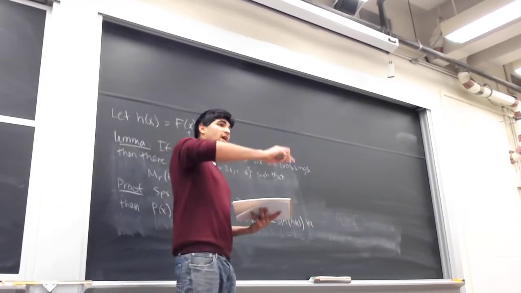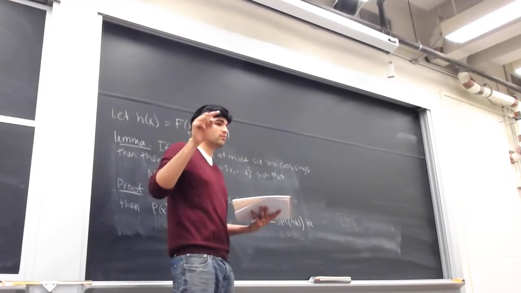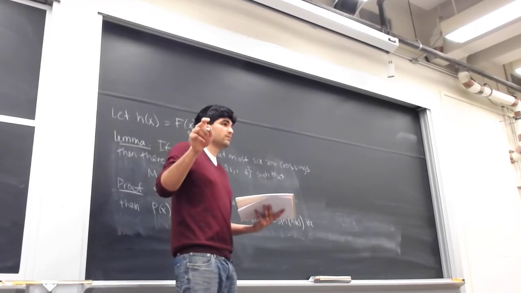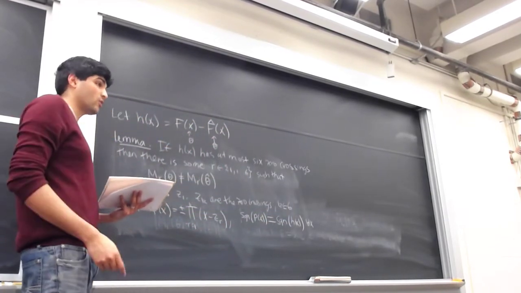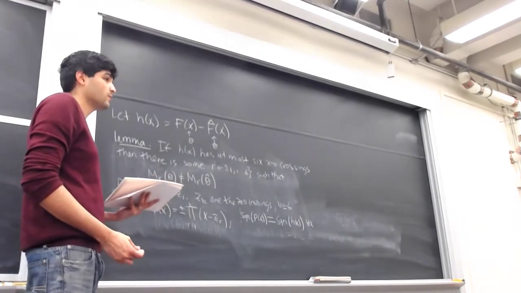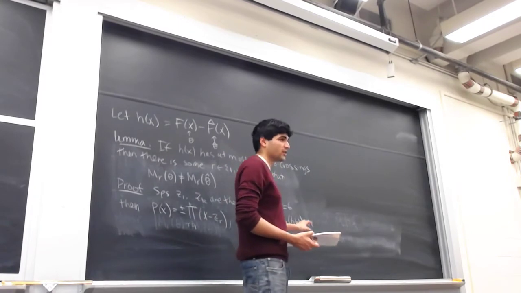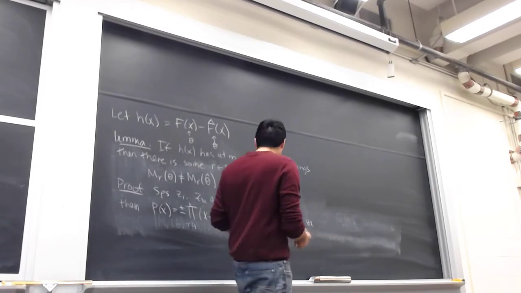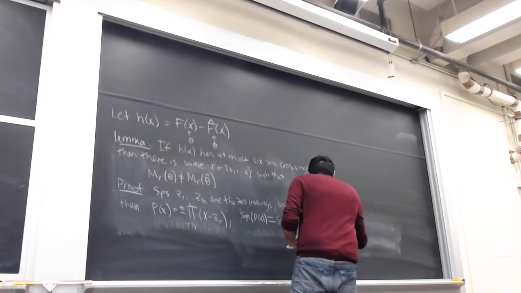The way to think about it is h of x crosses the 0 axis at different points. All we're doing is we're explicitly putting down zeros at those points in such a way that we're enforcing that p actually crosses the 0 axis there too. To be more precise, if sign of h of x is 0, then I don't actually care about it. So I'll just say for all x where sign of h of x is non-zero.